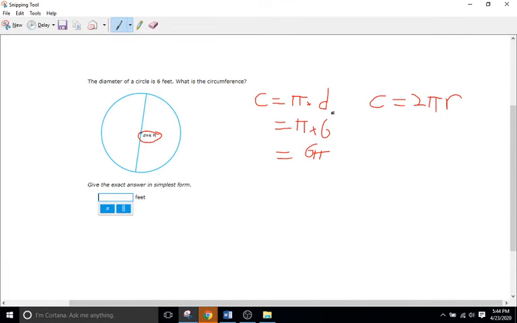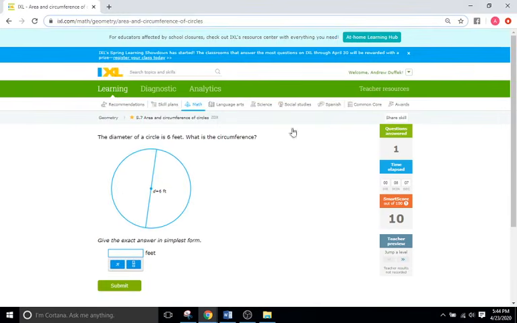So diameter equals 2r, 2 times radius. They're the same exact thing. So it's the same formula. It's just, since they give you diameter here, we'll plug diameter in. If they gave you radius, we would just plug it into this one, but it's going to give you the exact same answer. So the point is, this one is just 6 pi.